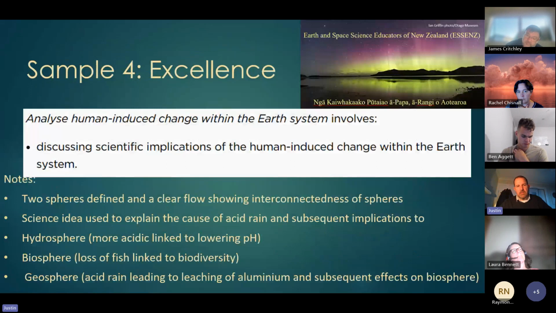Would you say that students discussed or analysed the implications? No. Hopefully, if we see the excellence, they'll see a difference in that. I think you're right, Laura. There is an implied link there between the two spheres, but I would want that fleshed out a bit more, to be more explicit at excellence level, really.